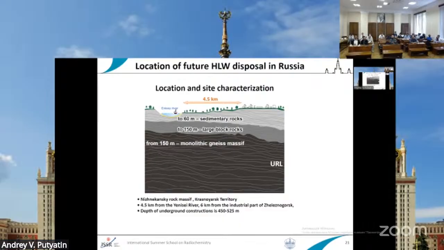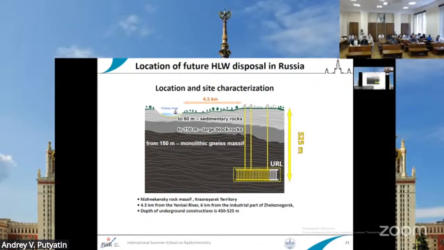The surface facilities are located something like 4.5 kilometers from the Yenisei River. The depth of the repository will be 525 meters, and there will be two layers of the repository facility.